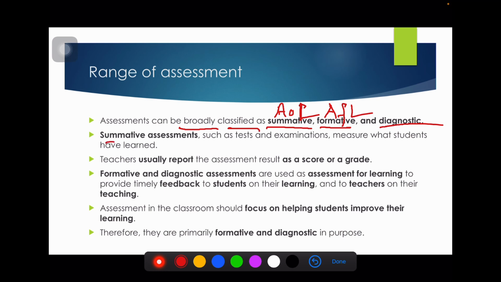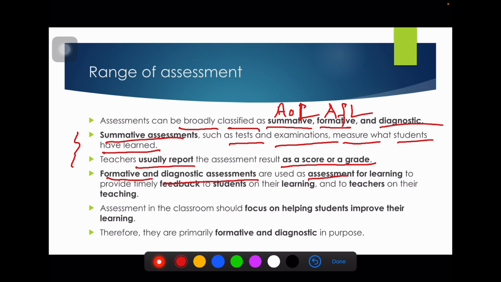Okay, so summative assessments such as tests and examinations measure what students have learned throughout the year. Teachers usually report the assessment result as a score or a grade. So that is summative. Now, formative and diagnostic measurements are used as assessment for learning.